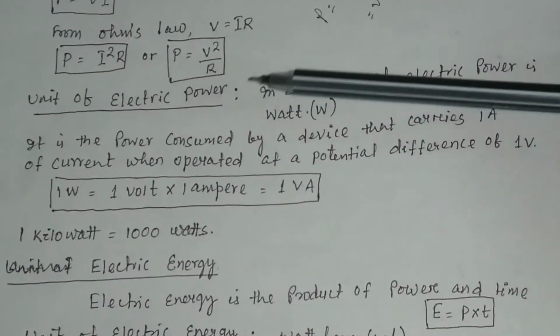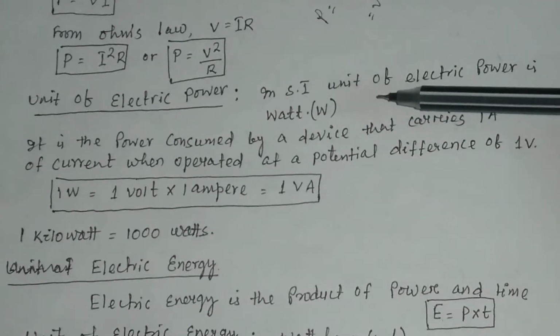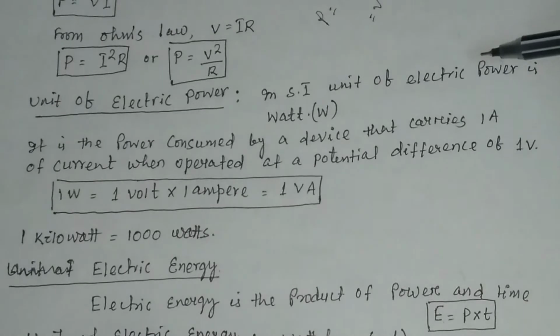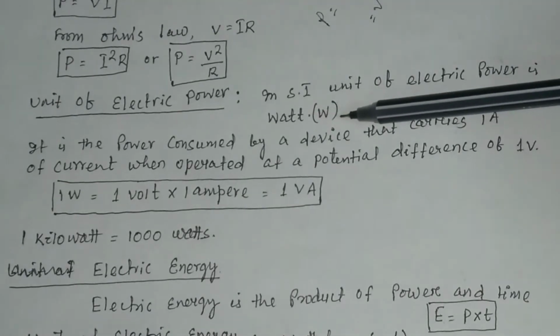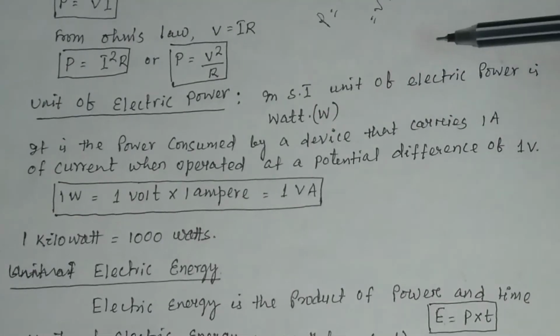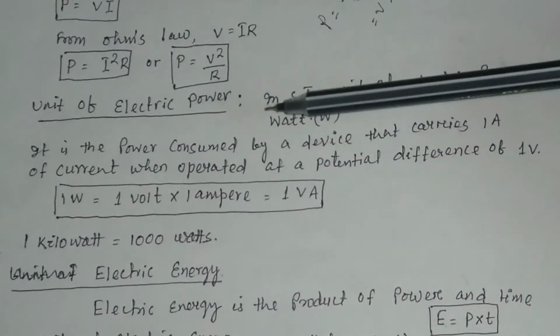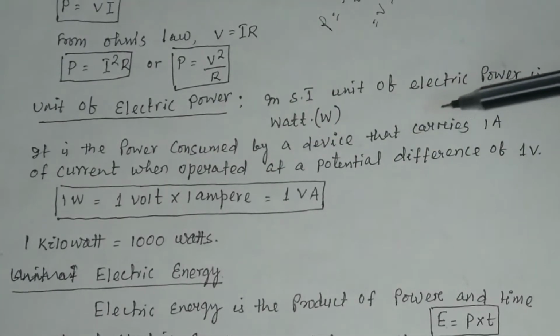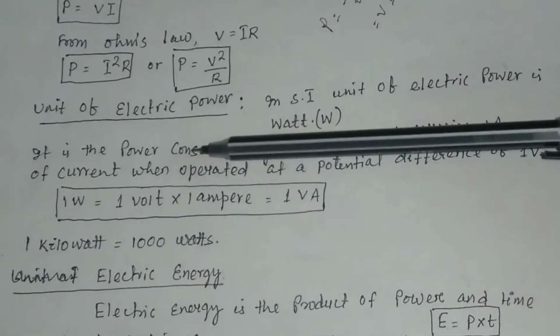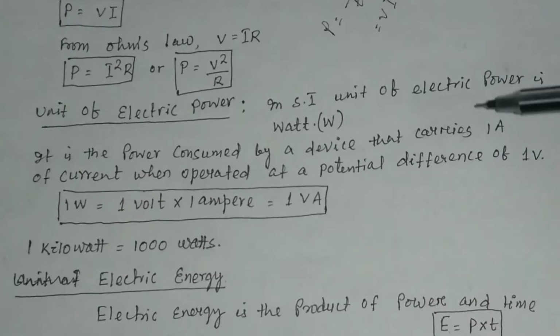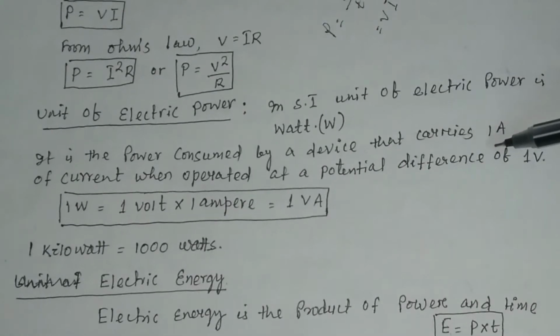Next, the unit of electric power. What is the unit of electric power? In SI unit, the SI unit of electric power is watt. It is the power consumed by a device that carries 1 ampere of current when operated at a potential difference of 1 volt.